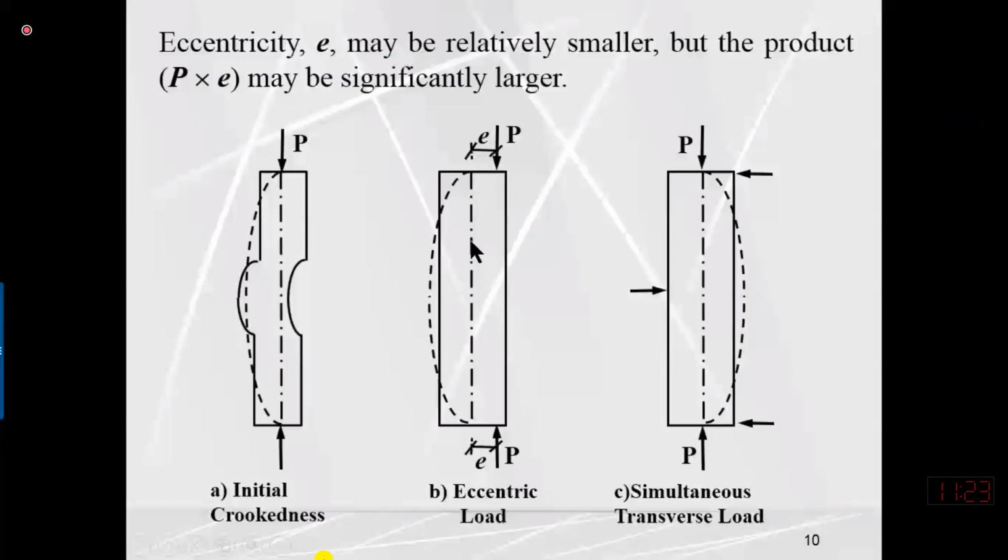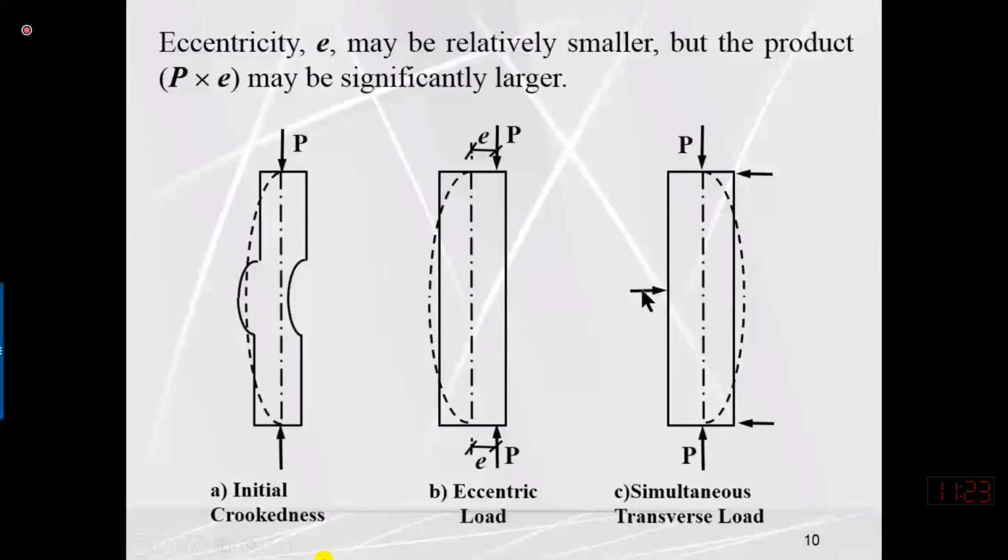So this column is subjected to axial force P along with bending moment equal to P into e. So it will have two types of stresses, bending stresses and axial stresses. So due to eccentricity, for the same load, the applied stresses will be more, or it will fail at a lesser load value.